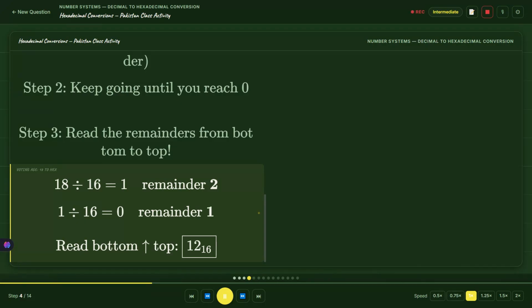Then 1 split into groups of 16 gives 0 with 1 left over. Reading from bottom to top, 1 then 2. So 18 equals 12 in hexadecimal.